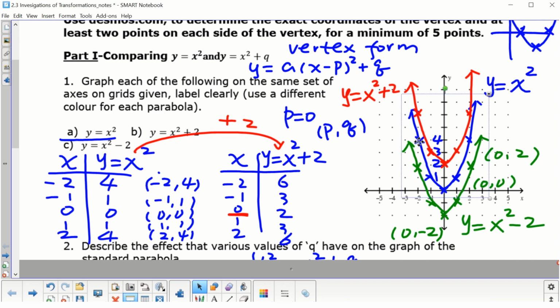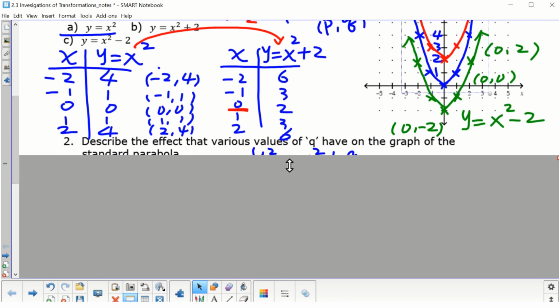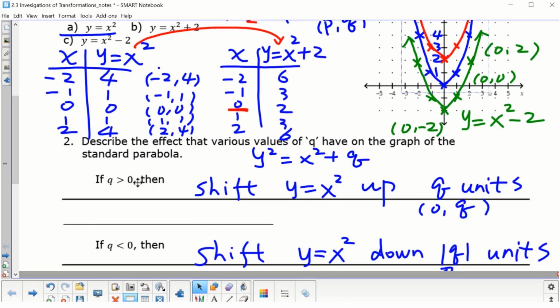Then it's down 2. Then you have the green curve. So this is for part 1, x squared plus q. In general, if q is greater than 0, the graph goes up q units. If q is less than 0, then the graph goes down q units.